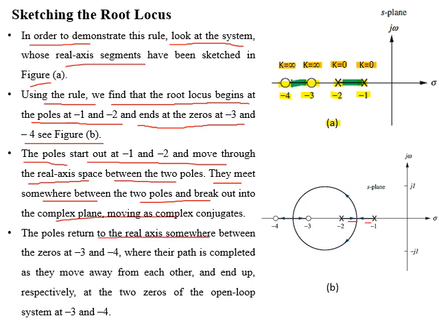Now these poles return to somewhere between the zeros at -3 and -4 and reach their final location, which is the location of zeros of the open loop system, that is -3 and -4, and their path is completed and ended respectively.